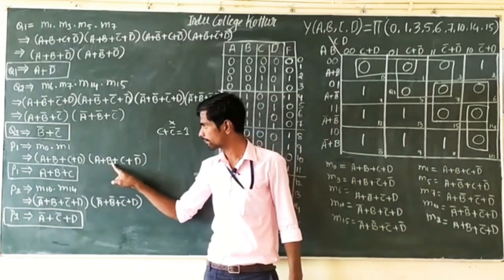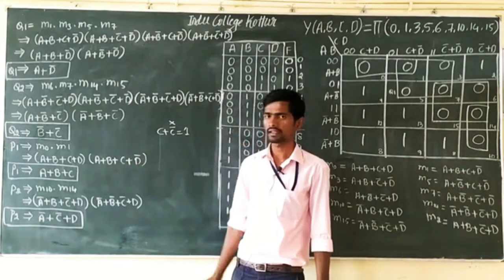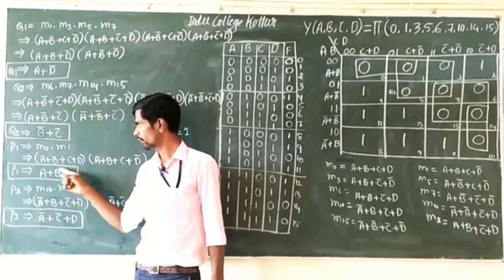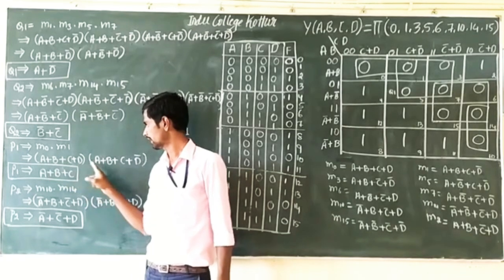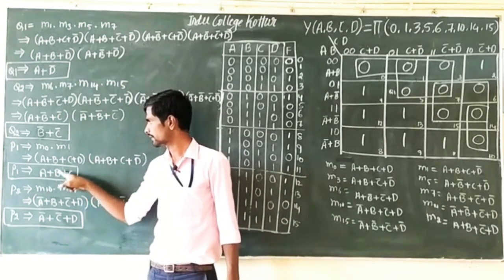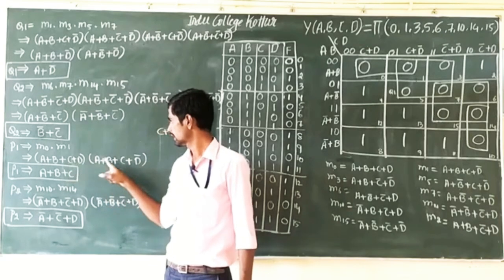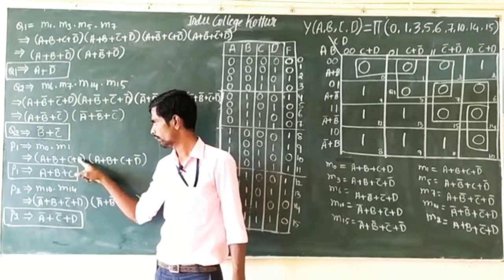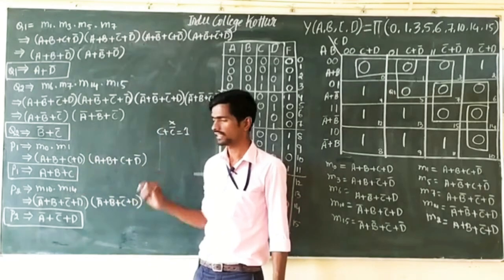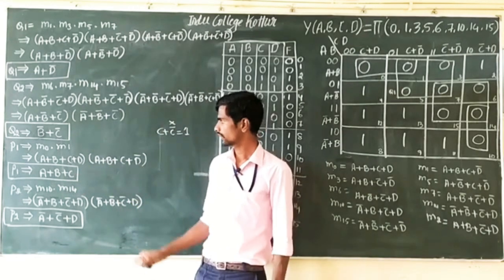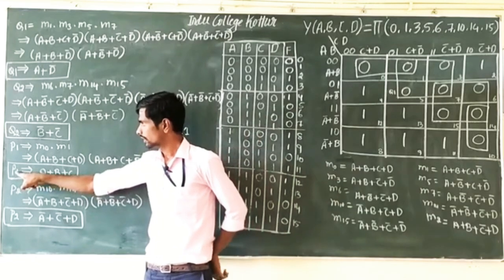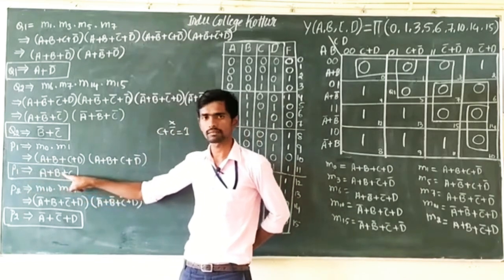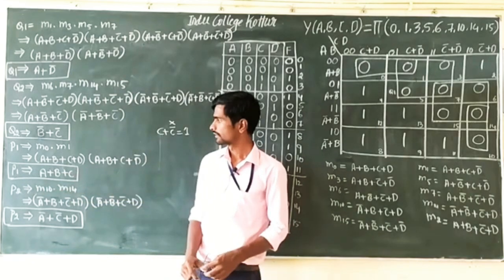Just we can take only the same variables, A plus B, you can write A plus B. Next another variable C, here is C, you can write C here. Next the final variable, here is D, here is D complement, just we can leave it. Finally we get pair 1 values A plus B plus C.